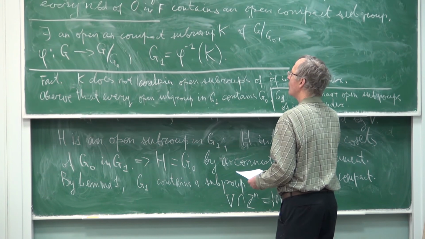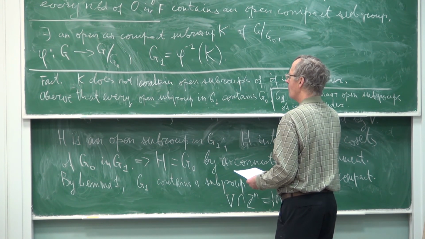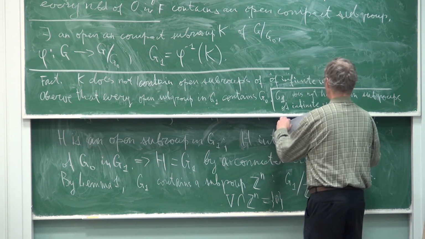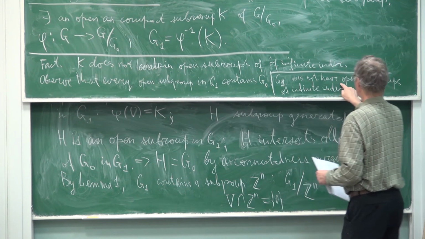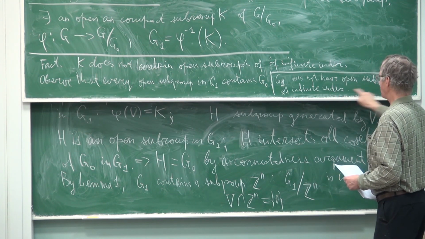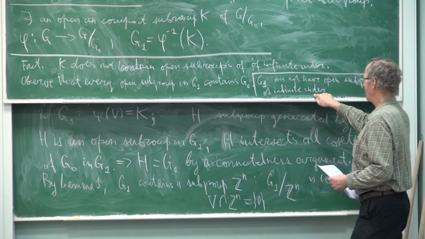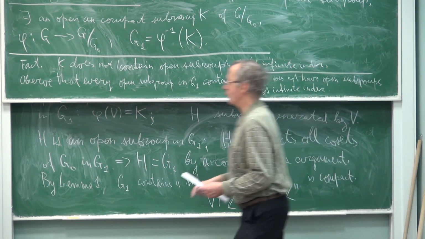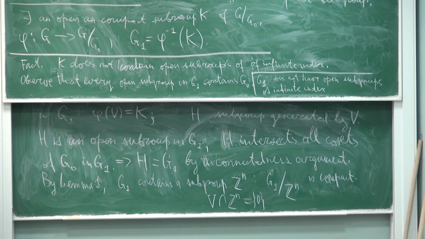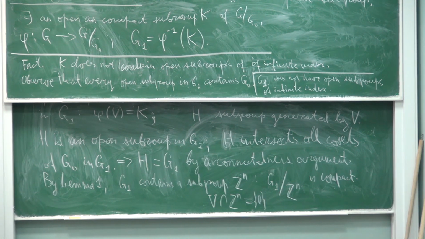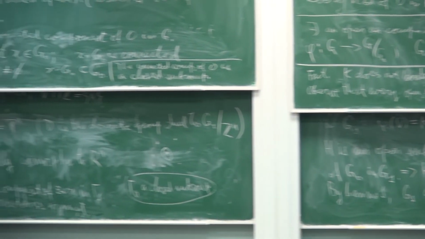Here: G1 does not have open subgroups of infinite index. This we have proved. And this gamma 1 is the dual of this G1.